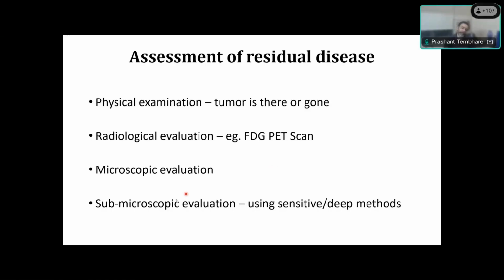And then comes the ancillary technique, to identify sub-microscopic disease, because we know that morphologically it is difficult to identify disease at a level below 5%, because even normal myeloid precursors or normal blasts are there in the bone marrow.